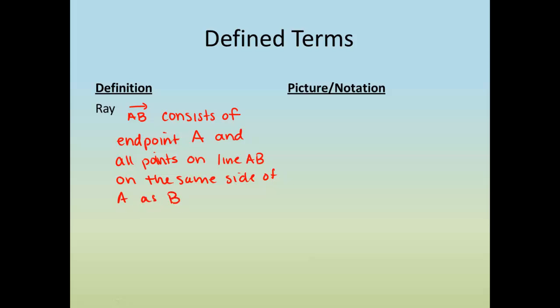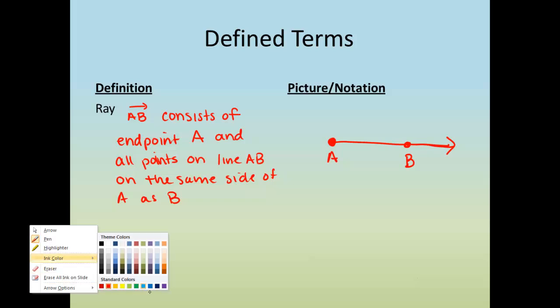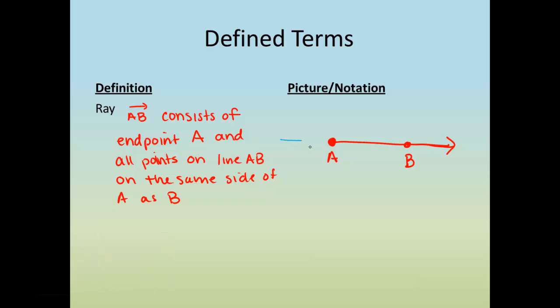Boy, that's confusing. Well, I'm going to start by drawing an endpoint A, because that's what it says we have, endpoint A. I'm going to draw a line in one direction, and we're going to put B out there, because B is somewhere out there. And what it says is we actually have a line that goes all the way through this and goes on forever in both directions.